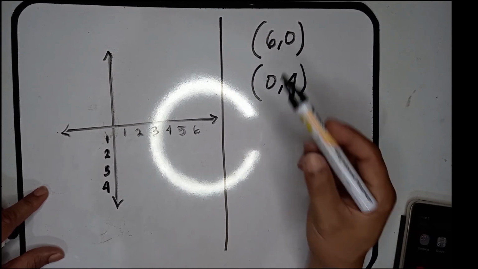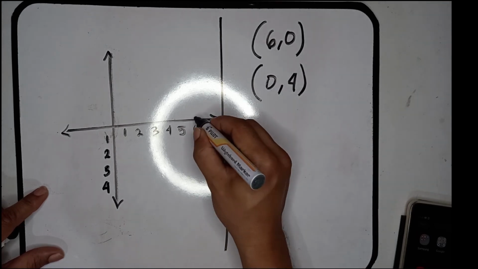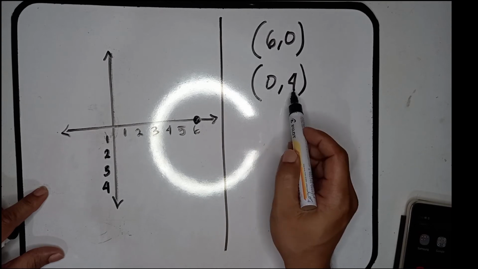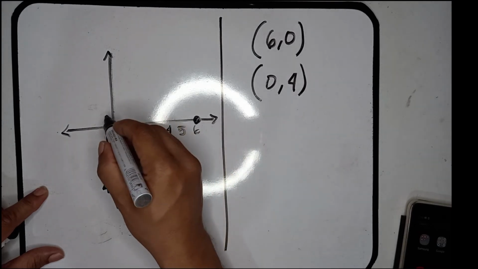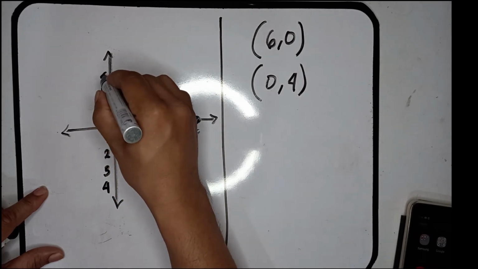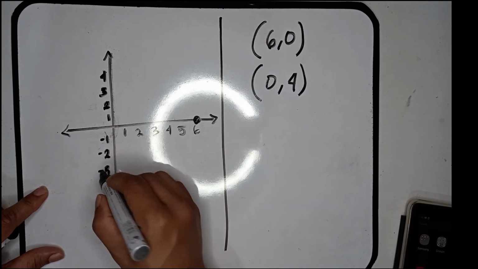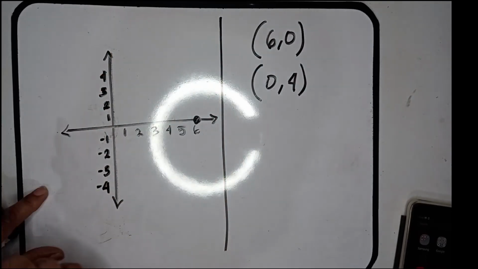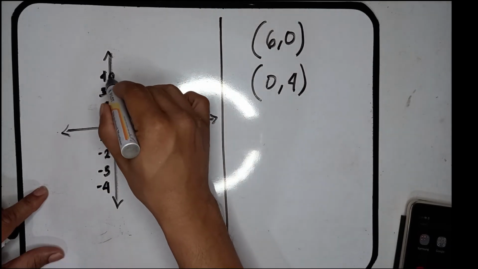So the point is around here. For our second point, our x is 0 and our y is 4. So 4 is around somewhere here.